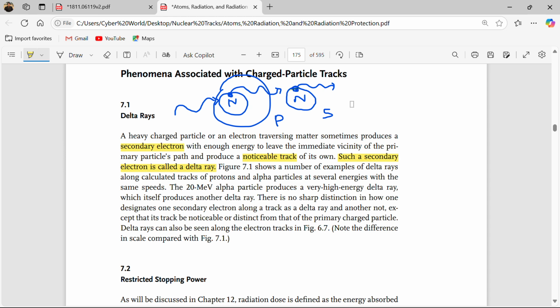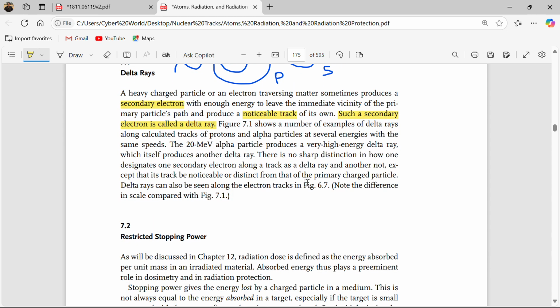Now, a 20 mega electron volt alpha particle produces very high energetic delta rays. As I told you, as the amount of energy increases, let's assume you have an alpha particle of 20 mega electron volts. This range of energy basically produces very high energy delta rays.